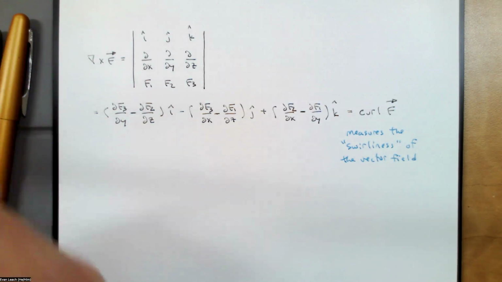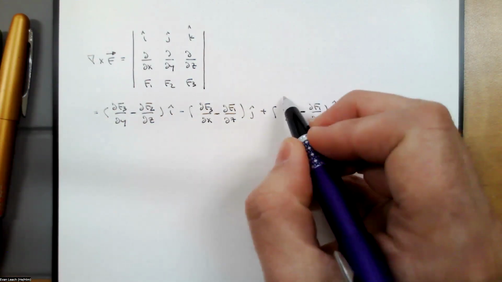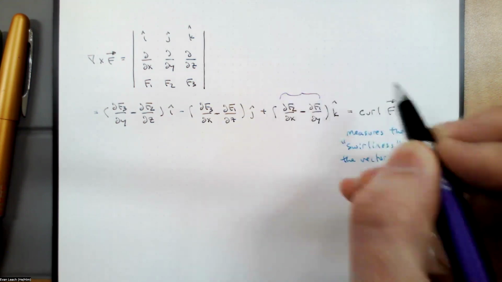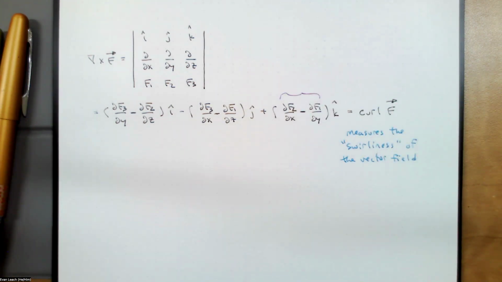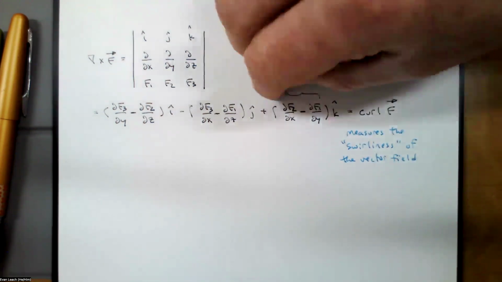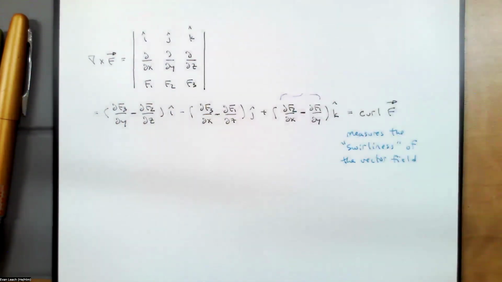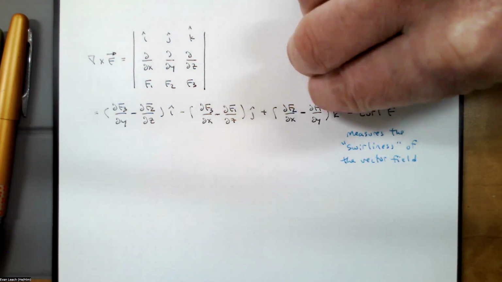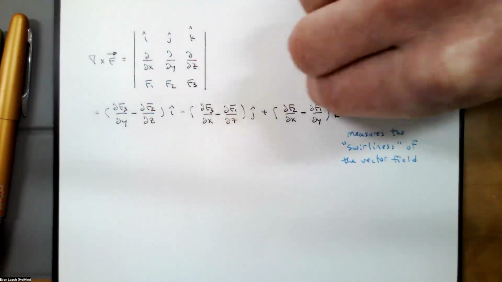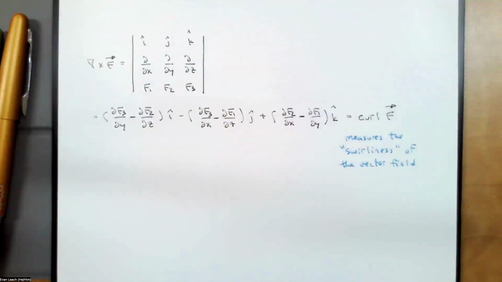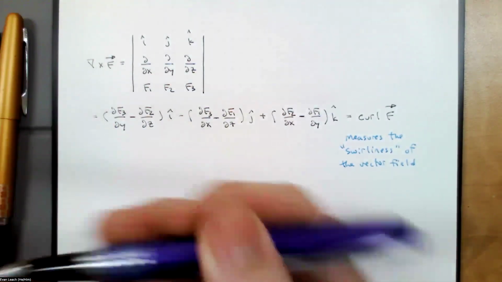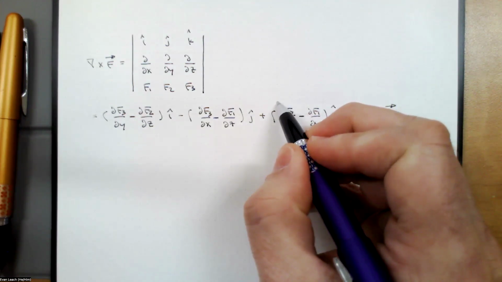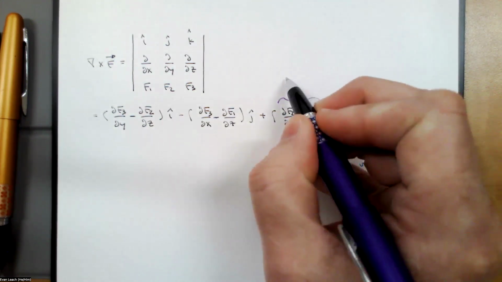So if we just grab this K component, this here is the scalar curl.